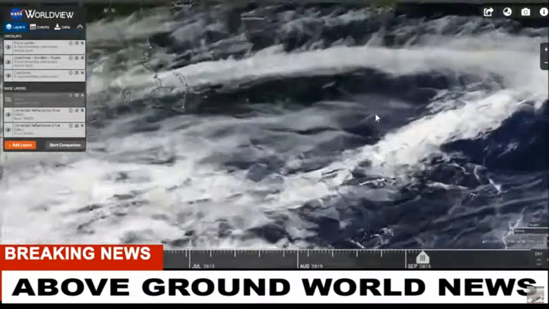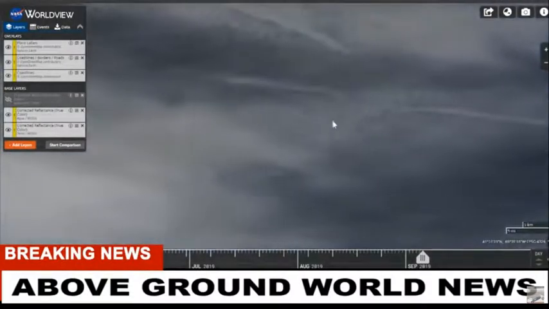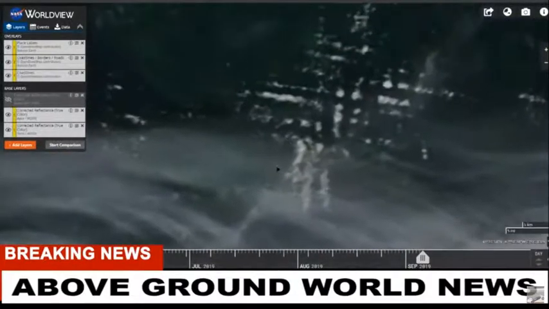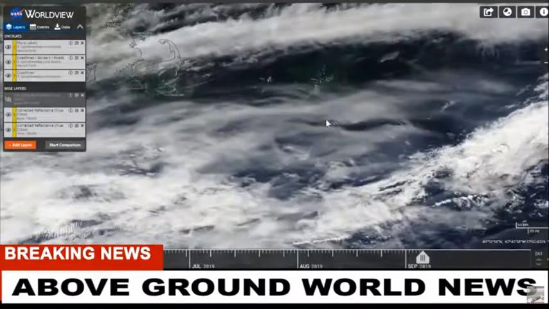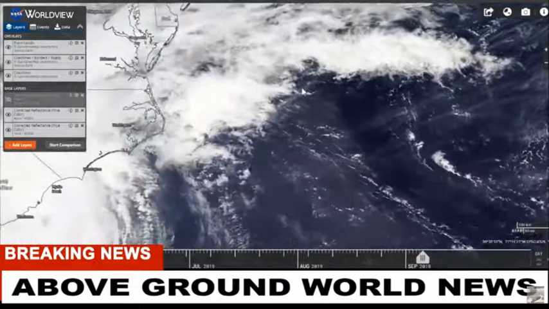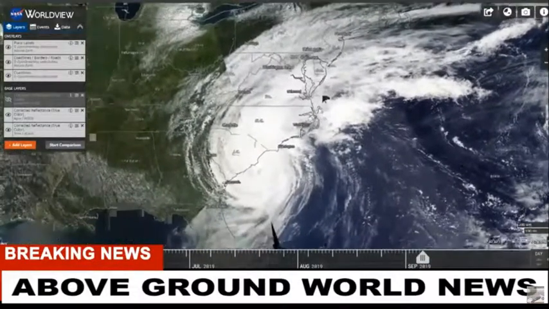So, yeah, I can go over a few things here while we're looking at it. I'll go ahead and take them over to the worldview map and show them completely loading the storm up from both sides. Here, I'll start out down here in the south, man. We got major deployment of aerosols. I mean, this is just insane.